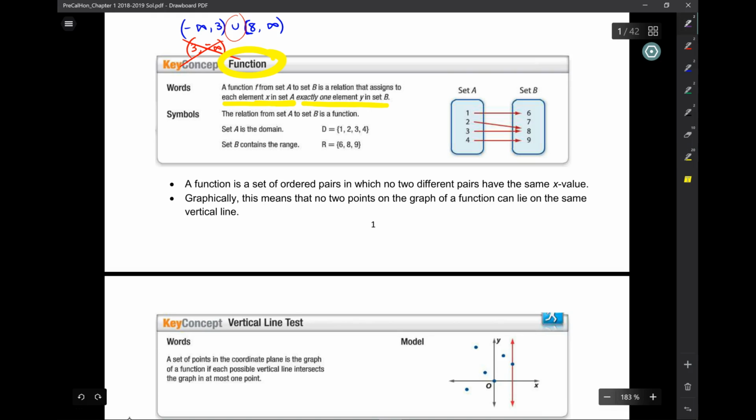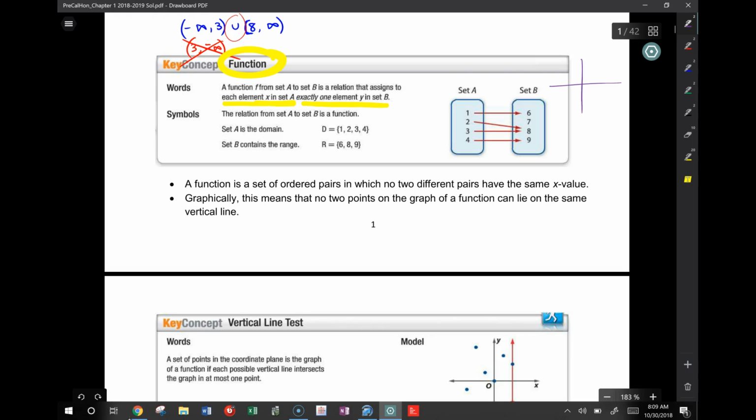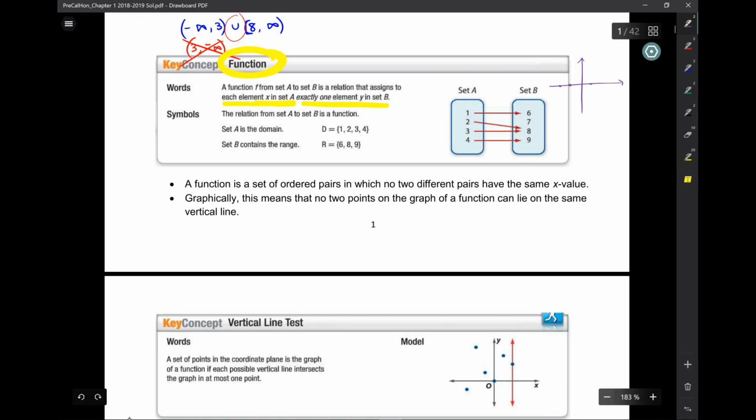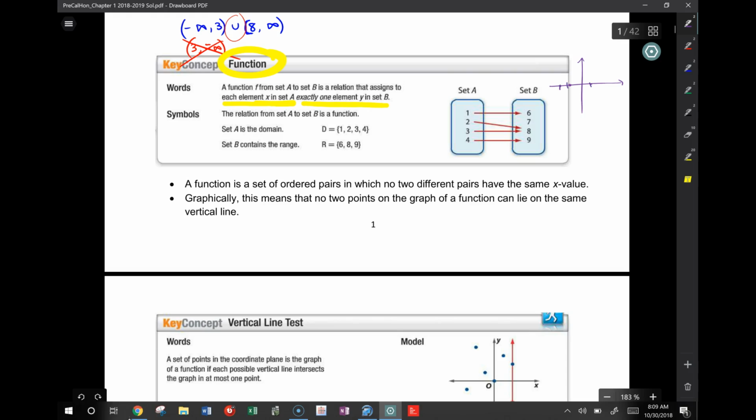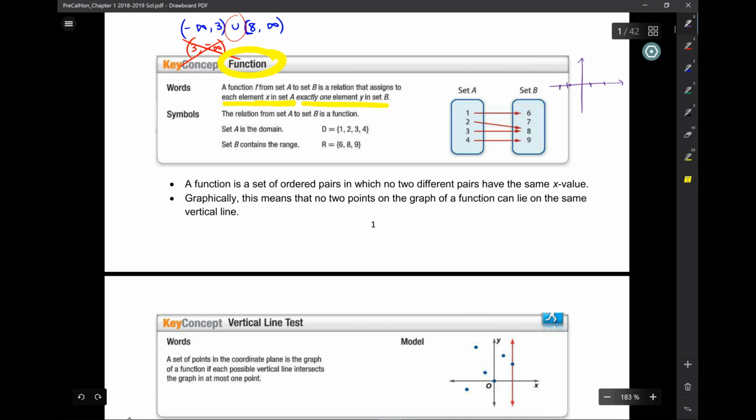So let's think about that for a minute. If domain is the x values, then each x value only has one corresponding y value.